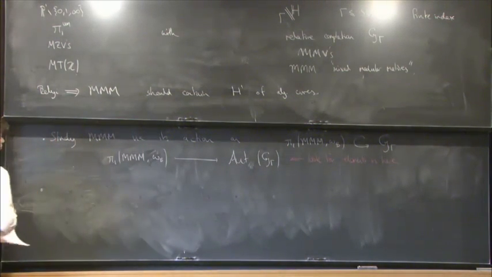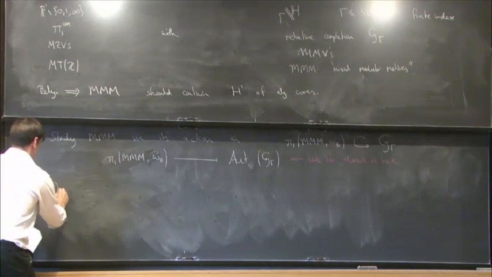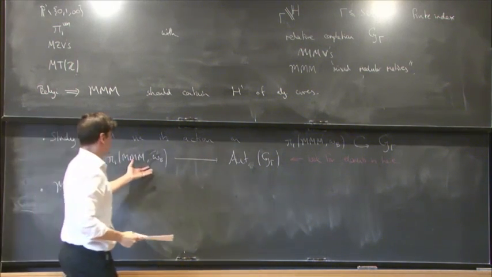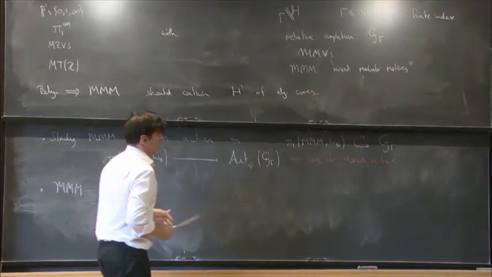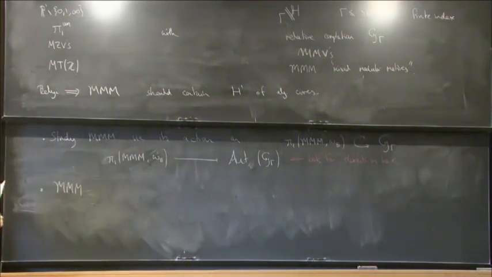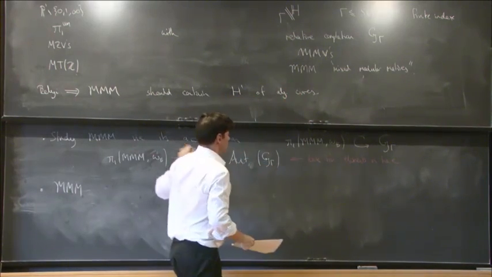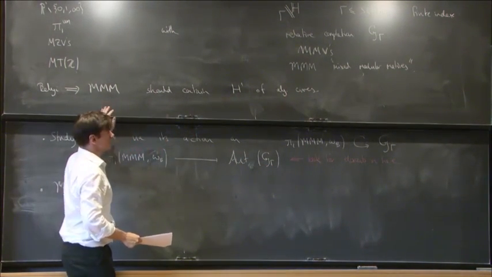So in particular, if this map were injective, by which I have no idea, then it would mean that we could construct all the objects from iterated integrals of modular forms.